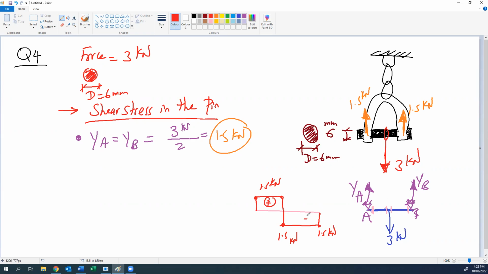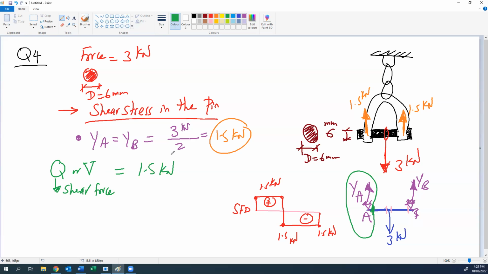This part is positive and this is negative, and we call this the shear force diagram. We will go through this in detail later in the course, but if we cut at A, the force that causes shear will be YA. The shear force we can give the symbol Q capital or V. So the shear force in this example is equal to 1.5 kilonewton.